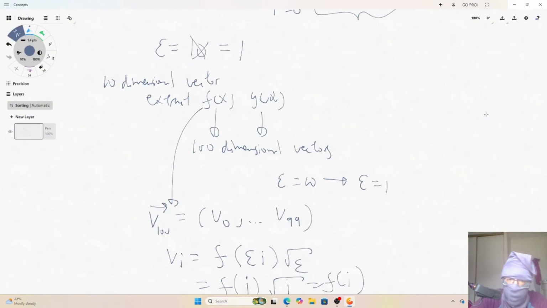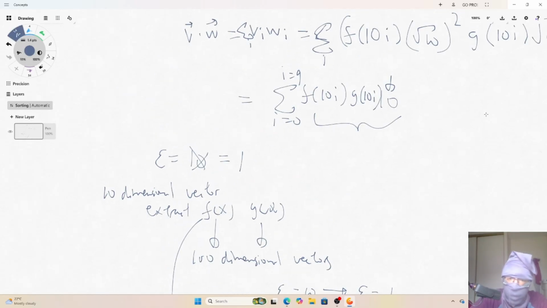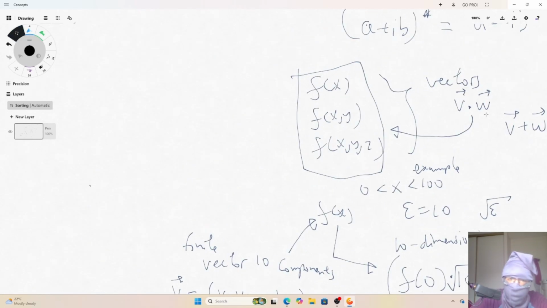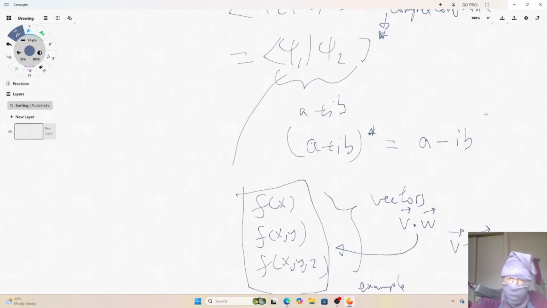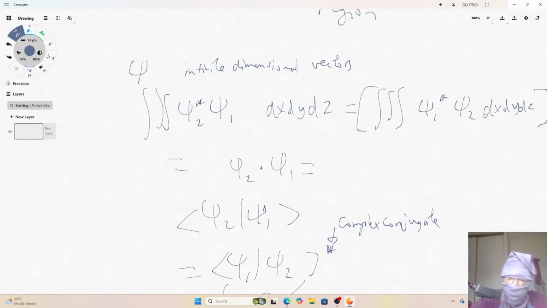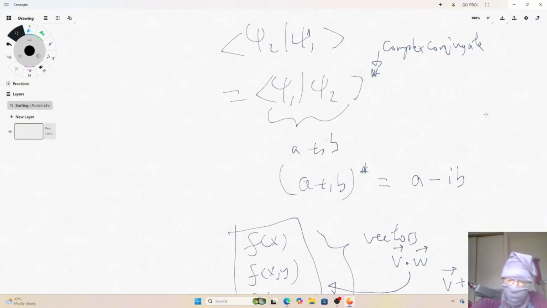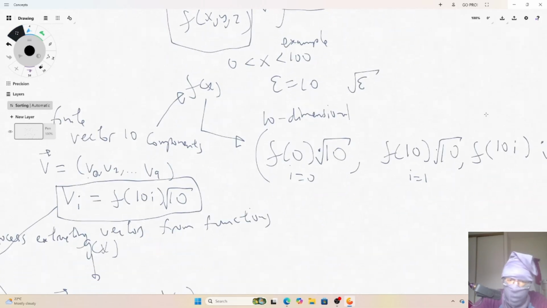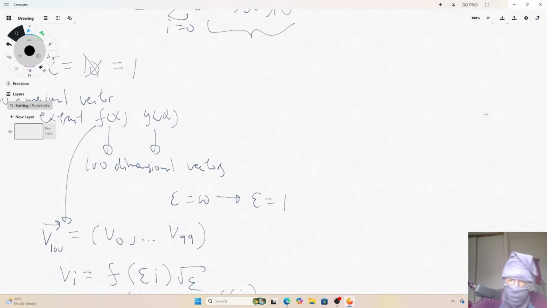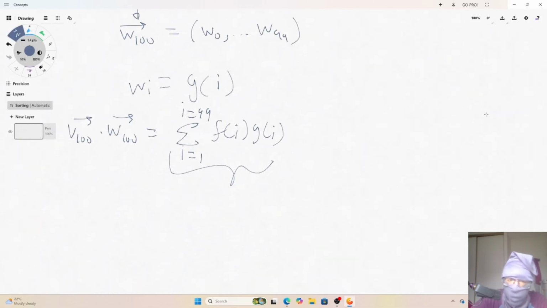So you can see that the inner product that we defined in quantum mechanics, this is an inner product for a complex vector, but you can see that there's a product of the two functions.